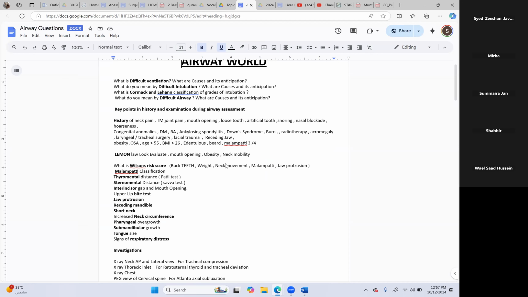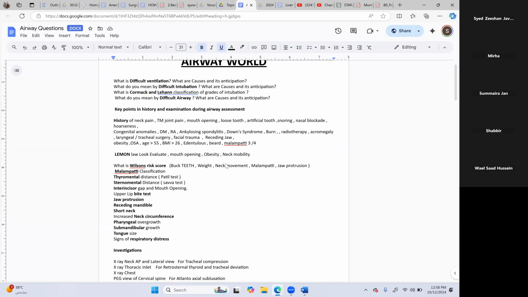So actually, because it's a very important topic of the airway, I tell you that any risk factor, you categorize it and deal with it separately.